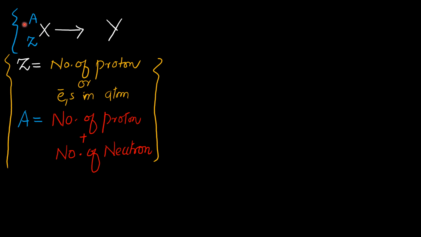So during the beta decay, the neutron N is turned into a proton.